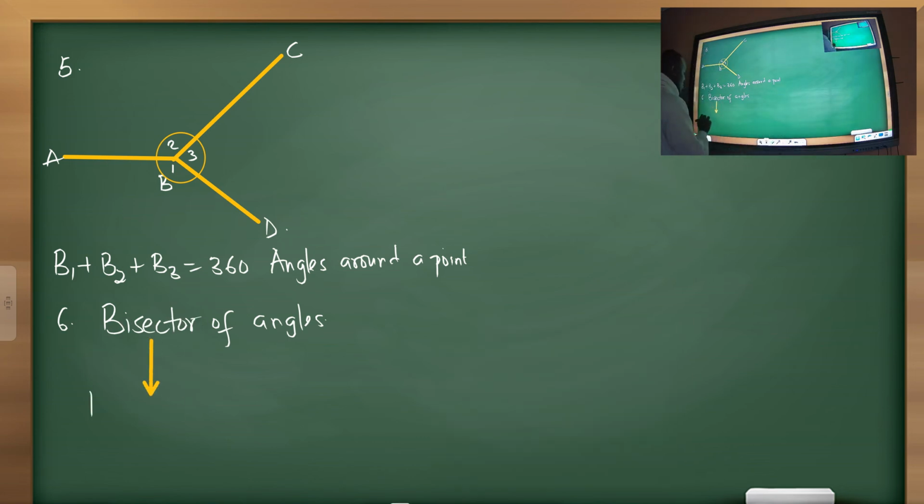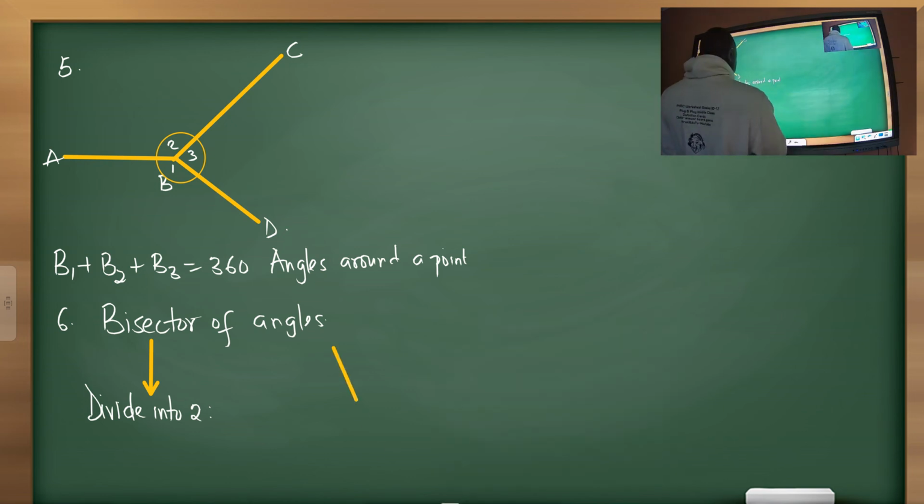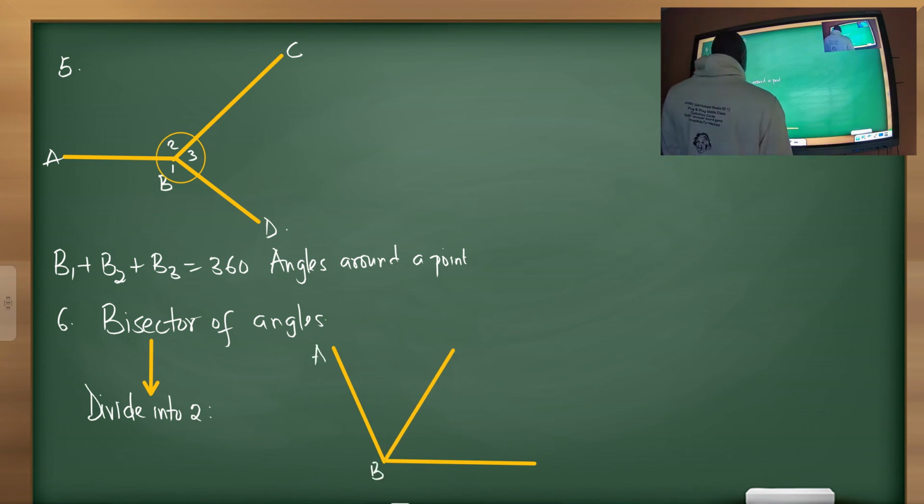I could then have this: A, B, C, and D, B1, B2.